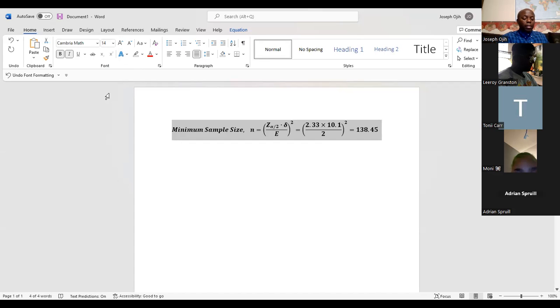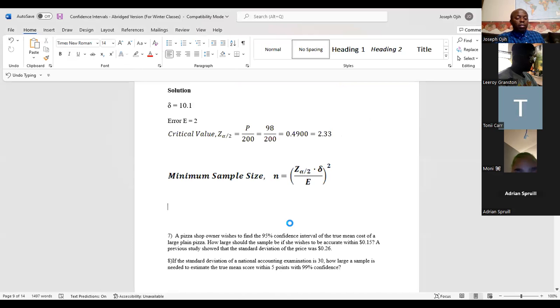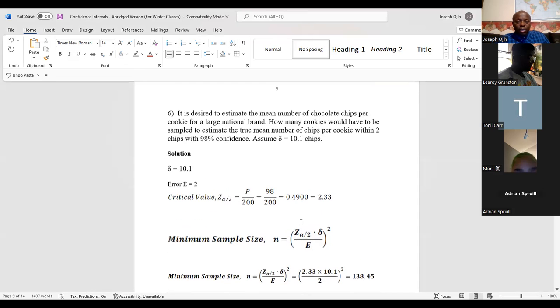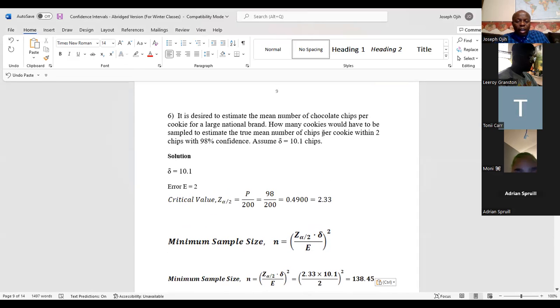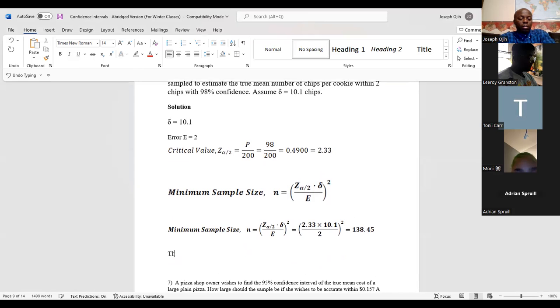Usually in this case we round up to the next whole number. So the answer will be 138.45. Because the question was how many cookies have to be sampled, they need 139 samples, or cookies.